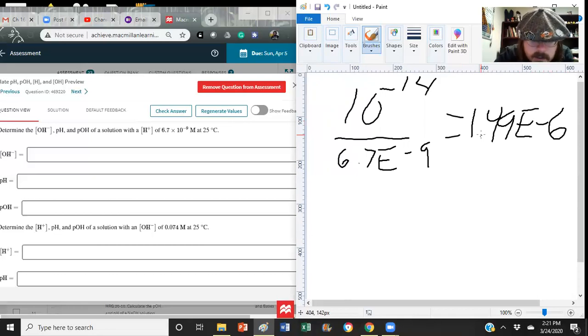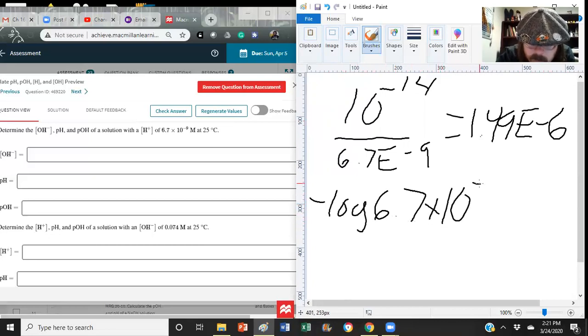Now to get the pH, you're just going to take the negative log of our H plus, 6.7 E negative 9. We do that, negative log of 6.7 E negative 9 will give you 8.17.